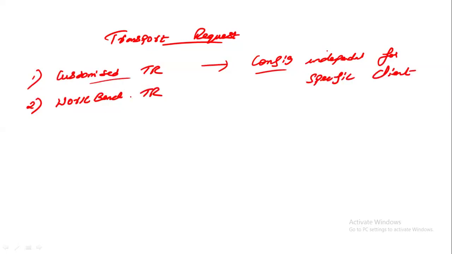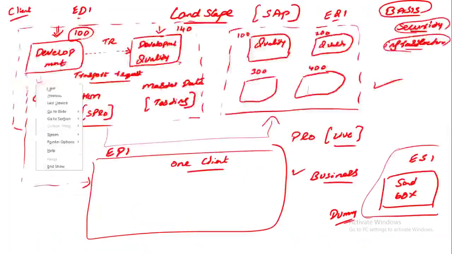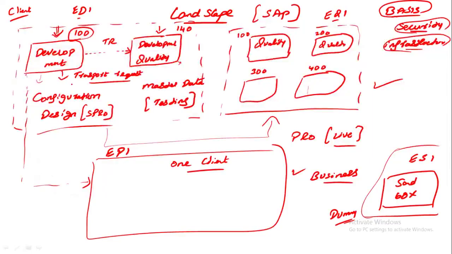When I say independent, I took an example here. We have this development system, which is client 100. This is the development quality, which is 140. So when I do the configuration here in 100, that is not going to get captured in any other client.